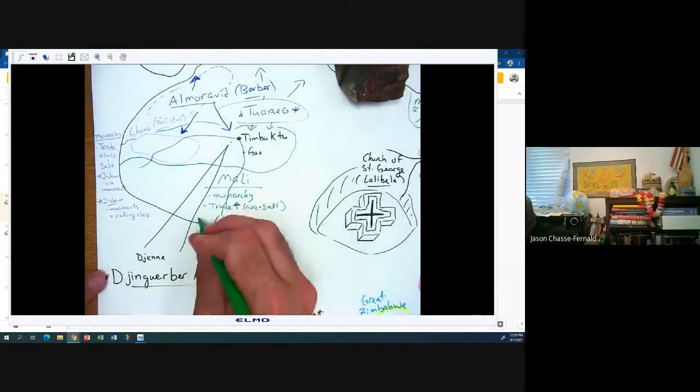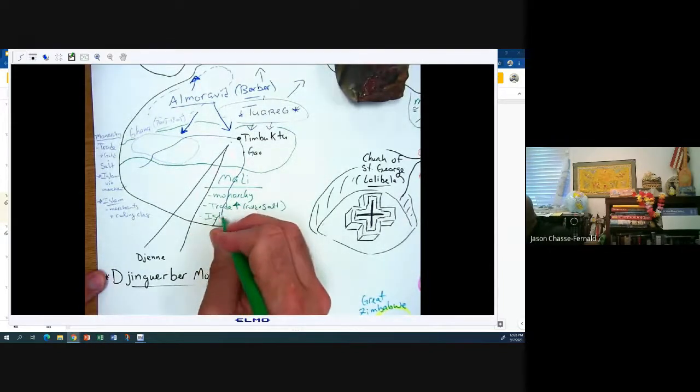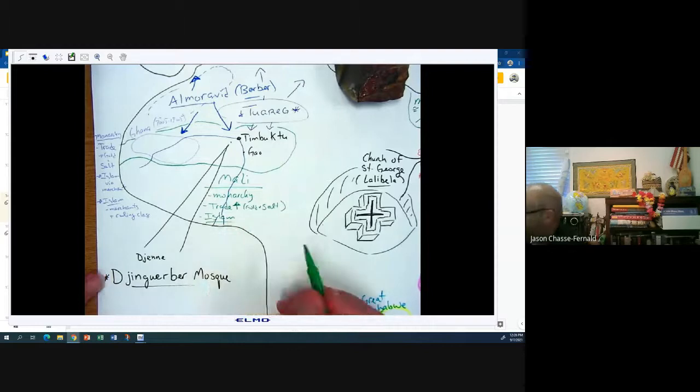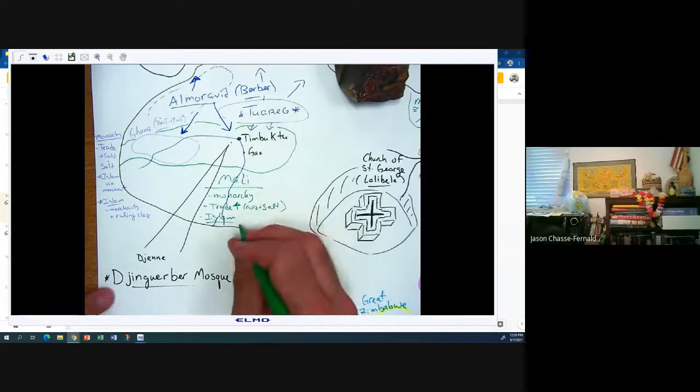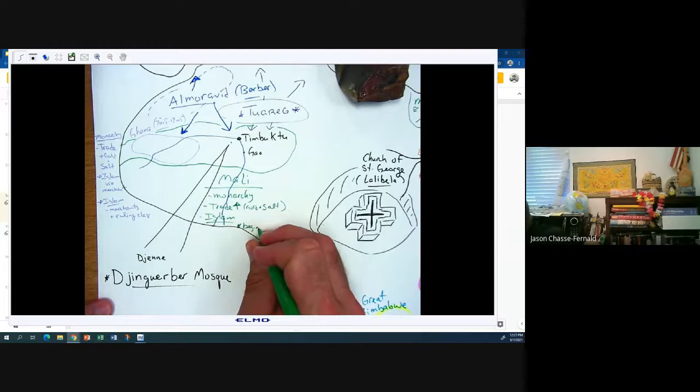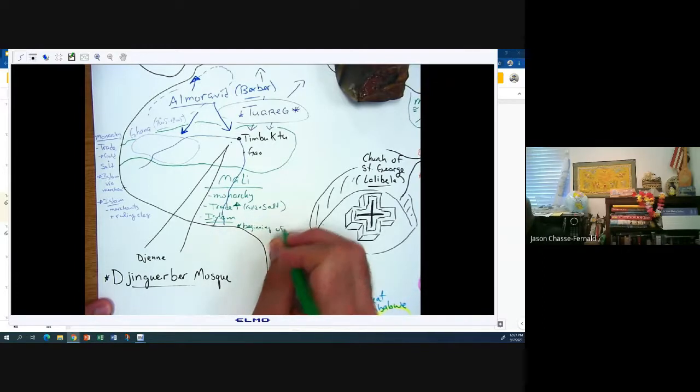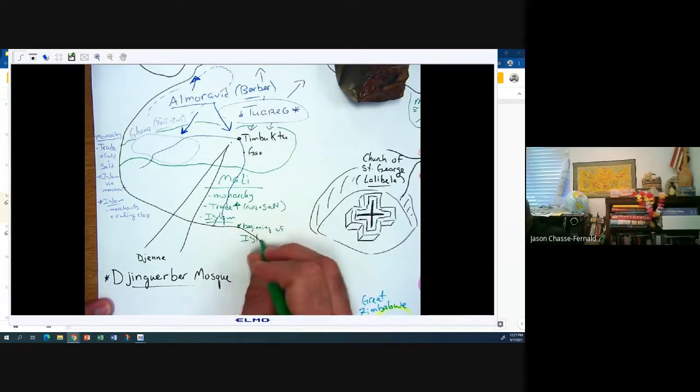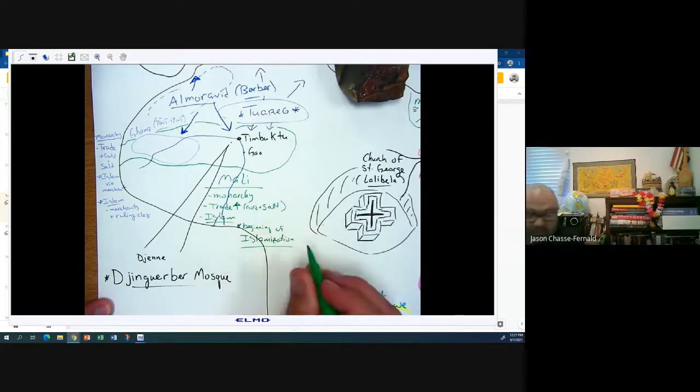What is true about Islam is also true during Mali: largely Muslims among the merchant classes, and we see the beginning of Islamization taking place towards the end of the Mali era.